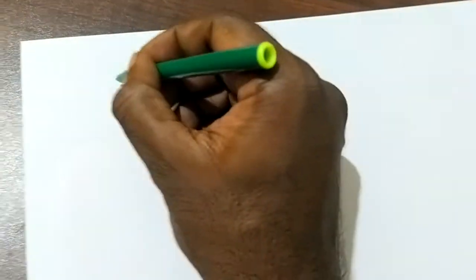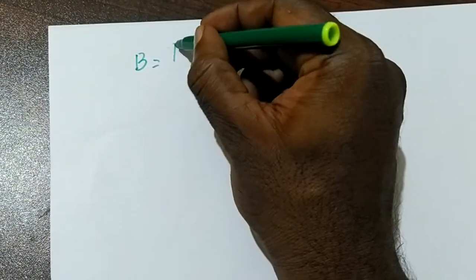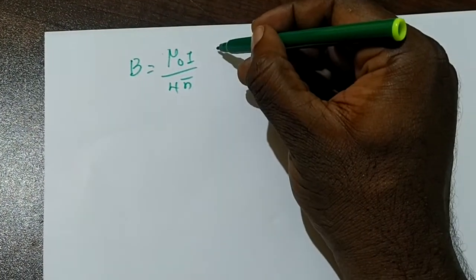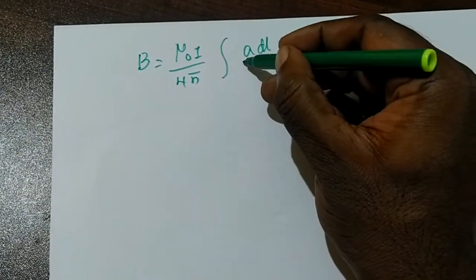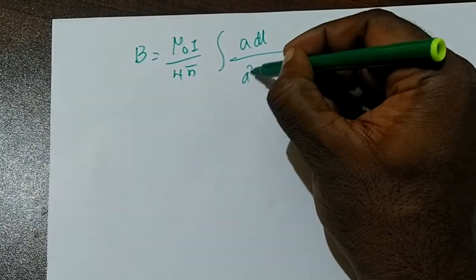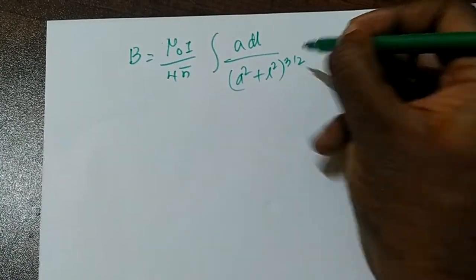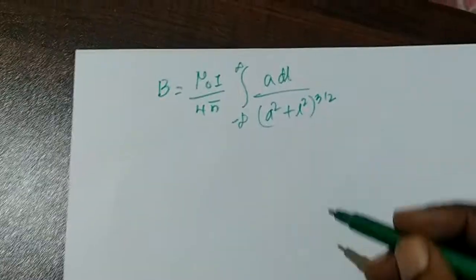Now, so our equation is like this: B is equal to mu 0 I by 4 pi into integral a dl divided by a square plus l square the whole raised to 3 by 2. The integration is from minus infinity to infinity.